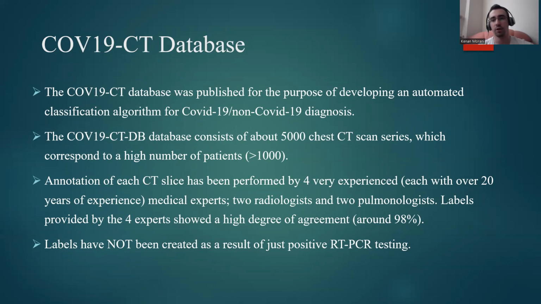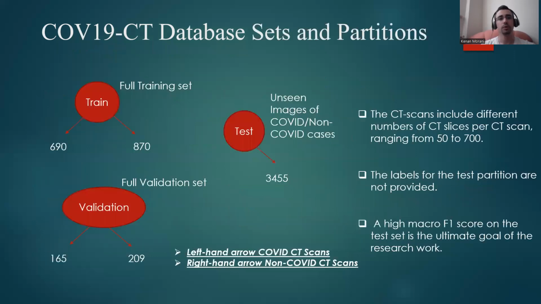We have 2 radiologists and 2 pulmonologists. The labels provided by the 4 experts showed a high degree of agreement, around 98%. And it was never created as a result of a positive PCR test or something like that. So these labels are very much by experts. All right, cool. So this is the data set.